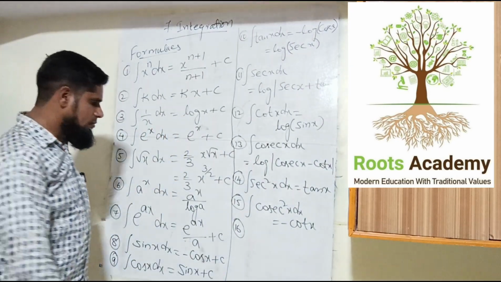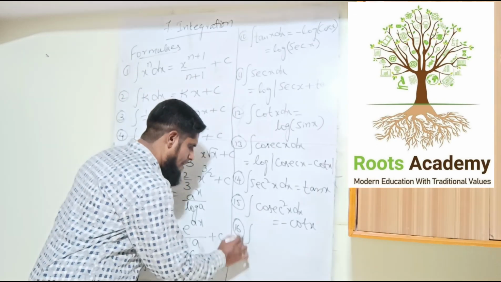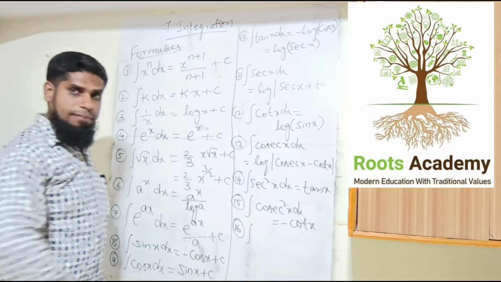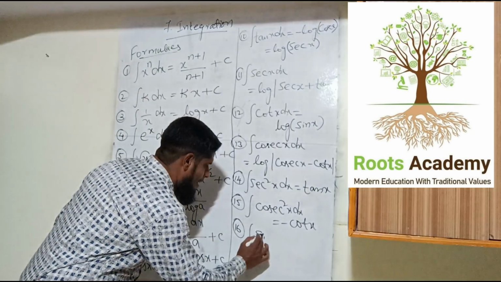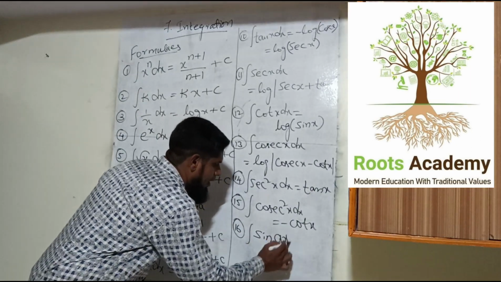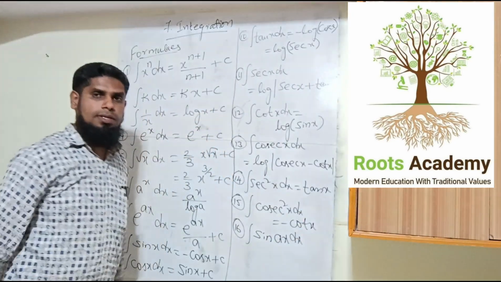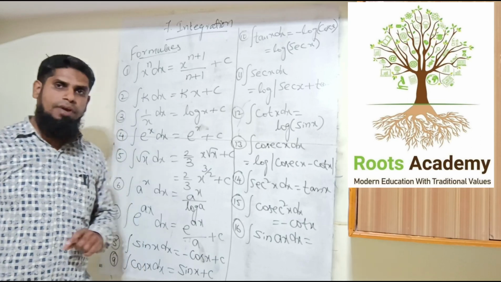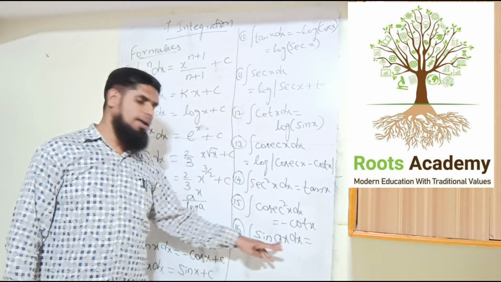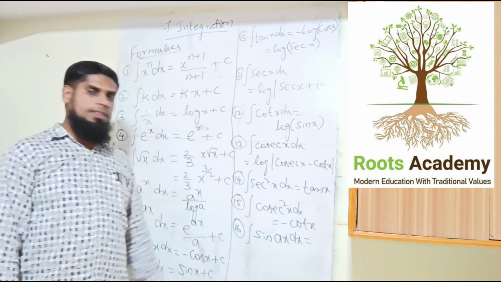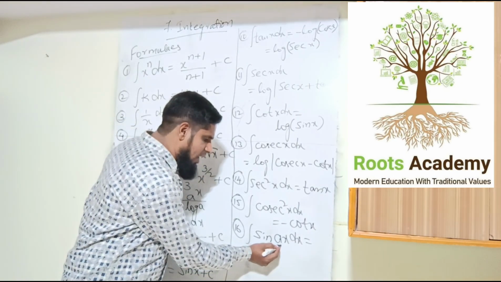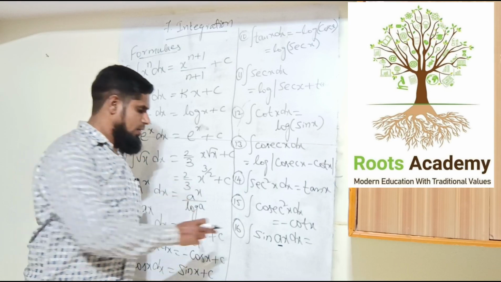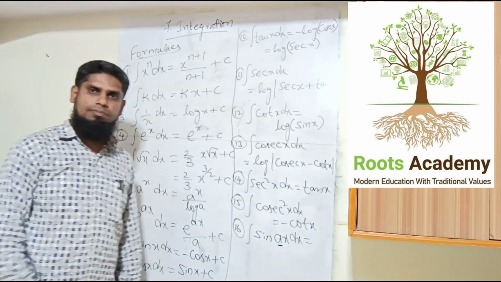Next, if I take any multiple angles with trigonometry, like sin ax dx. In differentiation, we have seen that whenever we take multiple angles with trigonometry, whatever value is multiplied to x will be multiplied to the derivative of the function.